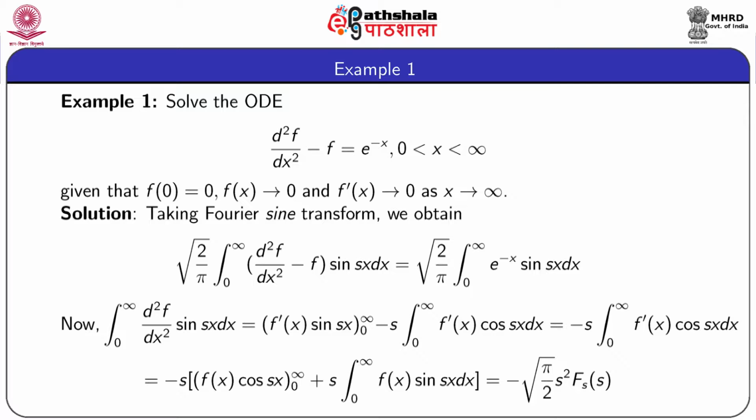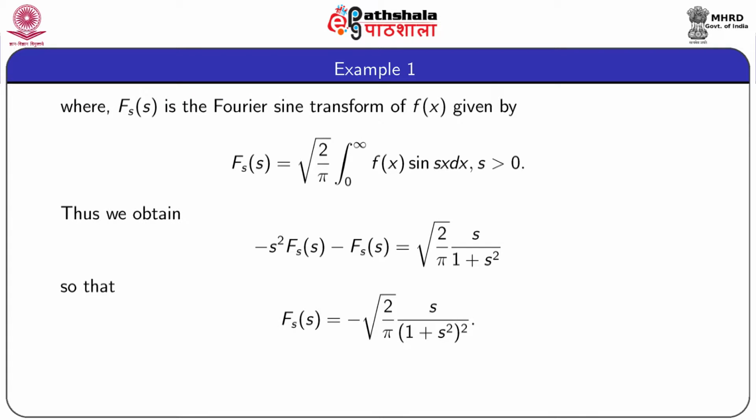So, this integral on the left hand side becomes equal to minus root over pi by 2 s square capital F_s(s), which is the sine transform of small f(x). And this sine transform of small f(x), that is capital F_s(s), is defined as root over 2 by pi integral 0 to infinity f(x) sine sx dx, s positive.